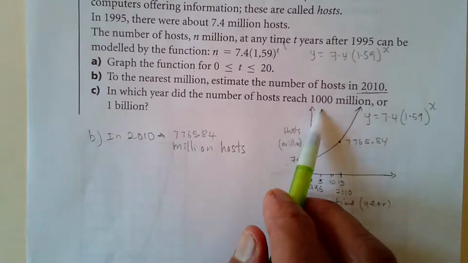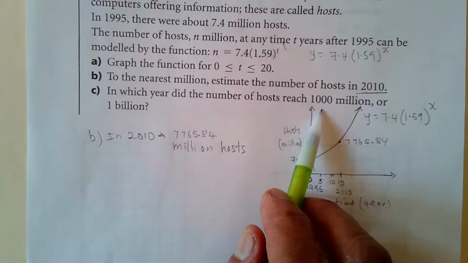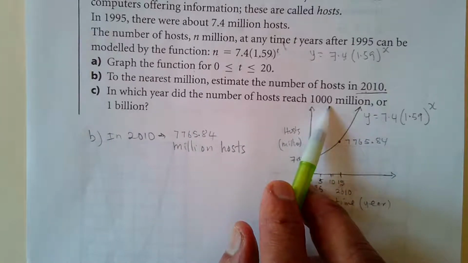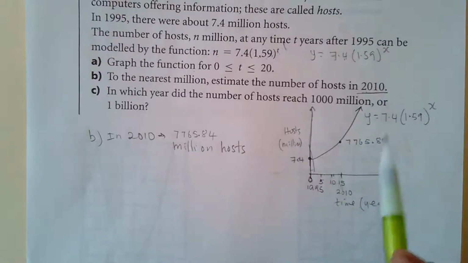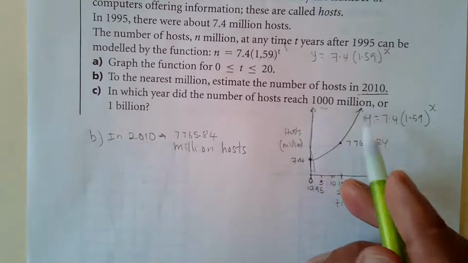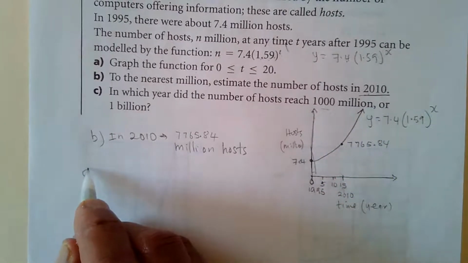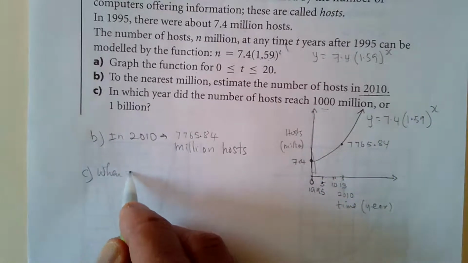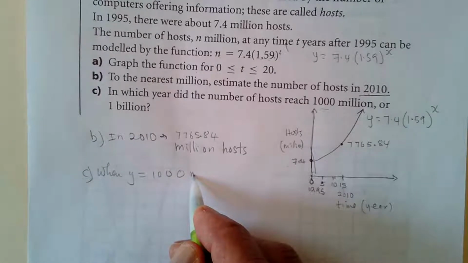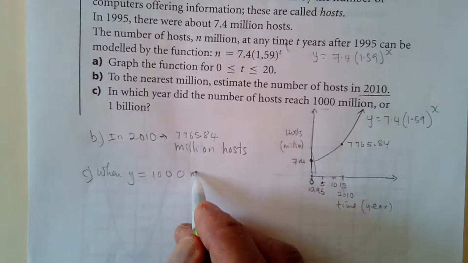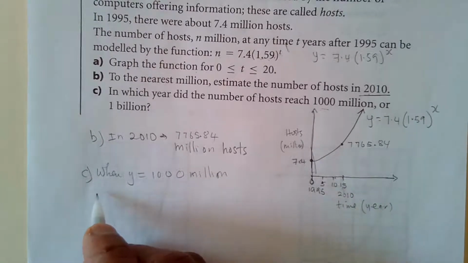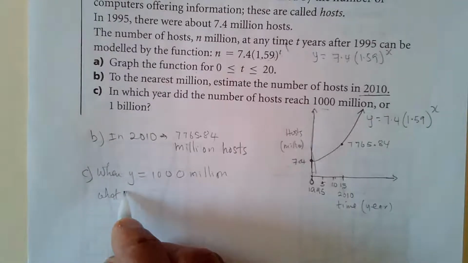Now, the next question is in what year did the number of hosts reach 100 million? So in other words, when y is 100 million, so if you would write this here, when y is equal to 1,000 million, what is the year?